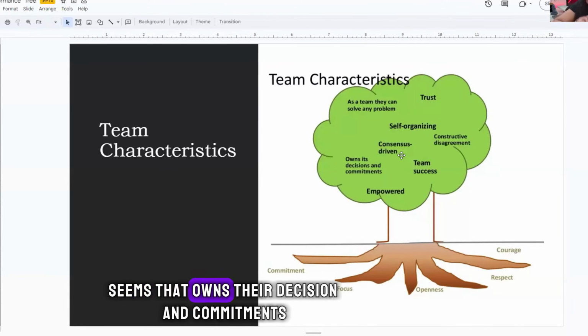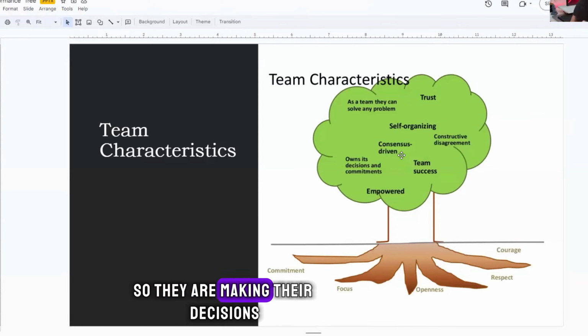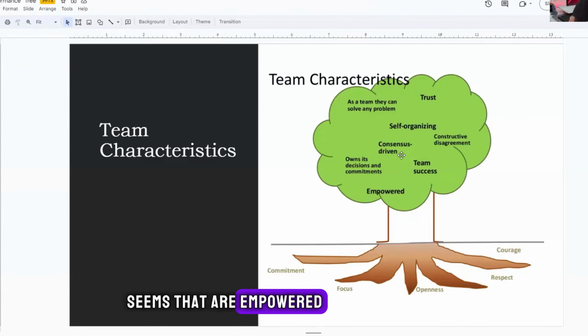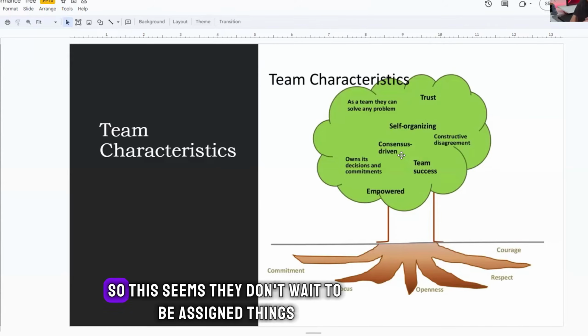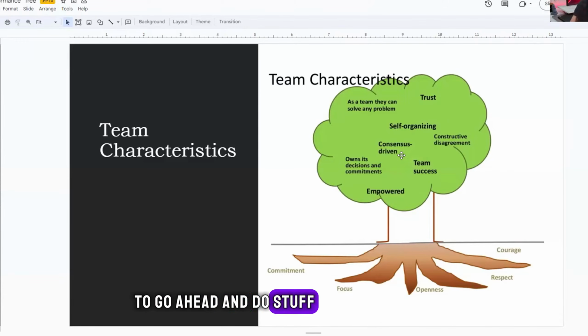Teams that own their decision and commitment, because they know that this thing they are doing is theirs. So they are making their decisions and their commitments to each other. Teams that are empowered. So these teams, they don't wait to be assigned things. They know that they're empowered to go ahead and do stuff, and the outcome of it, they are accountable for it, whether good or bad.